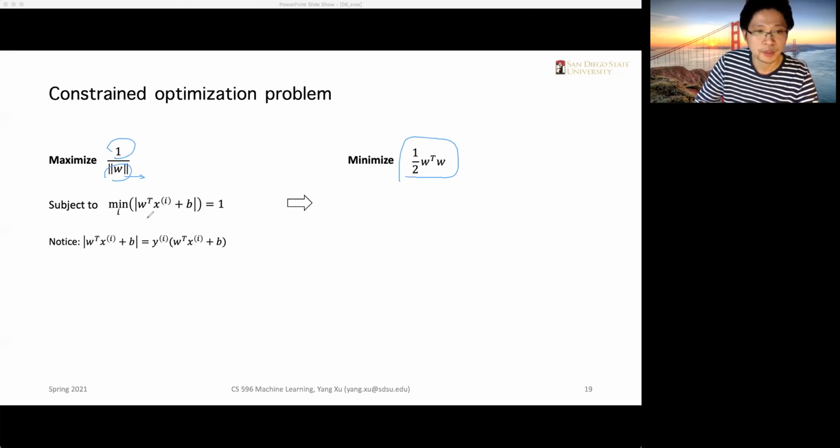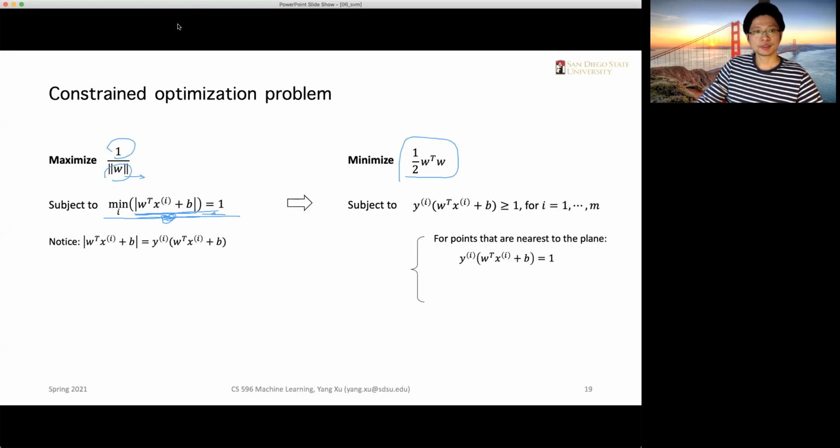And also remember, we have a bunch of inequality constraints, okay? For all the data points, the linear expression should be greater than or equal to 1, okay? Because only the nearest data points are equal to 1. For other data points, the absolute values should be greater than 1, okay? So the constraint becomes this.